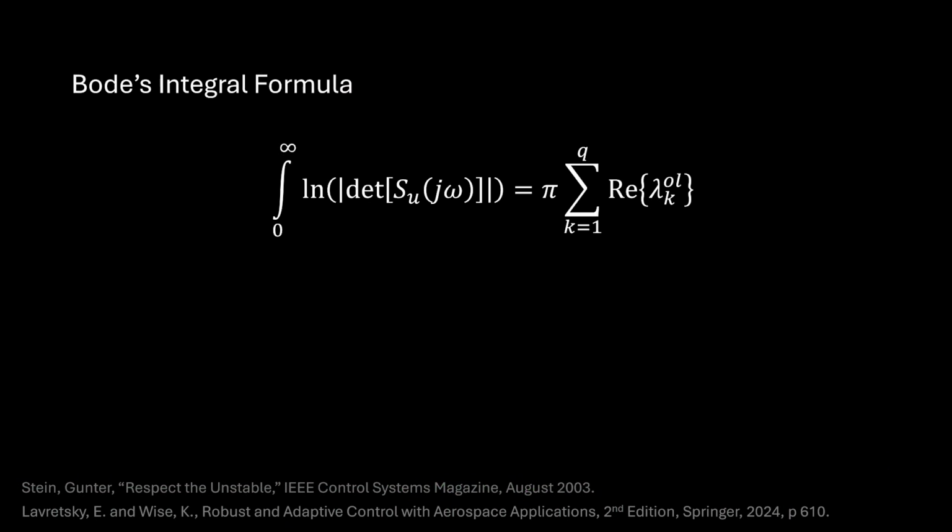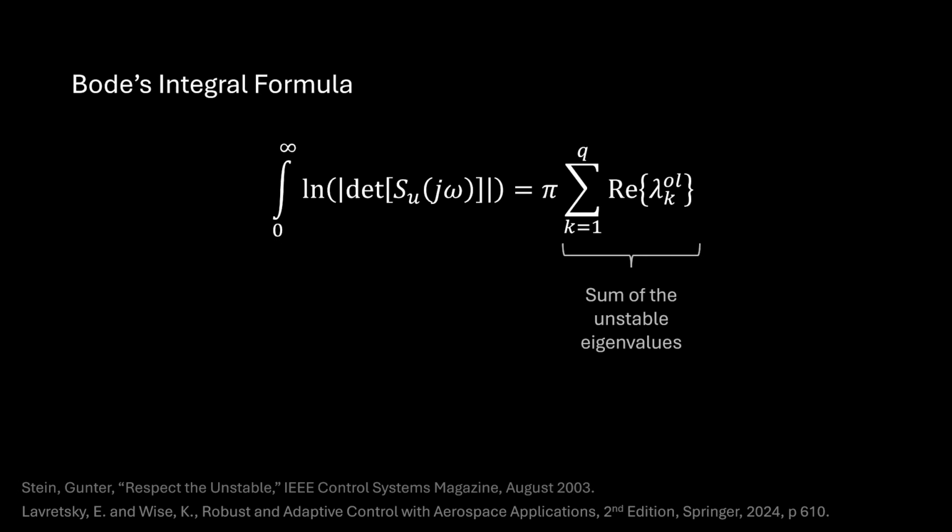Gunther Stein famously called Bode's integral theorem the conservation law of control theory. It tells us that the total area under the sensitivity curve is fixed. It's equal to pi times the sum of the unstable open loop eigenvalues. And here's the thing for MIMO systems.